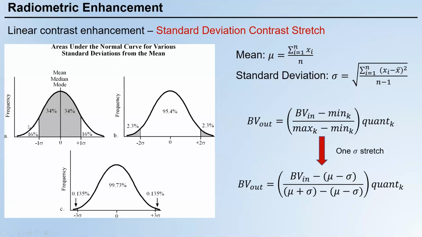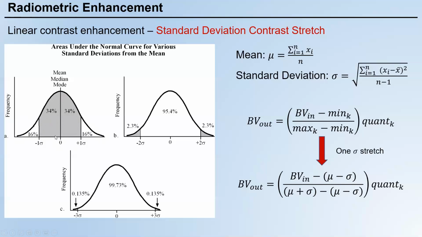For example, as long as your data set follows a normal distribution, the histogram of your data set should follow this bell-shaped distribution.